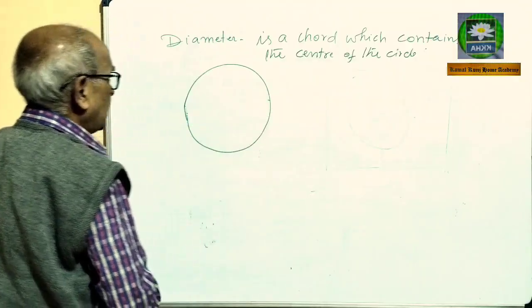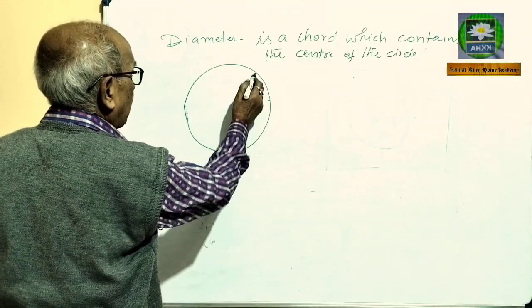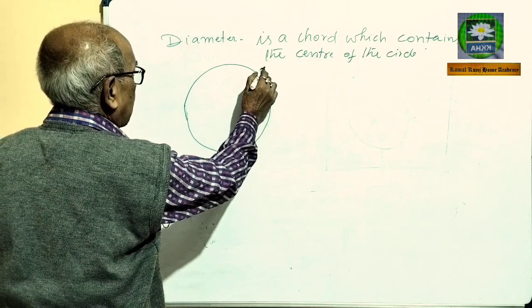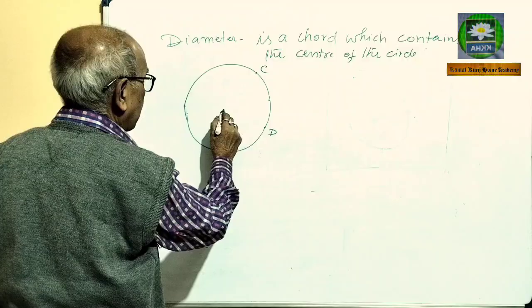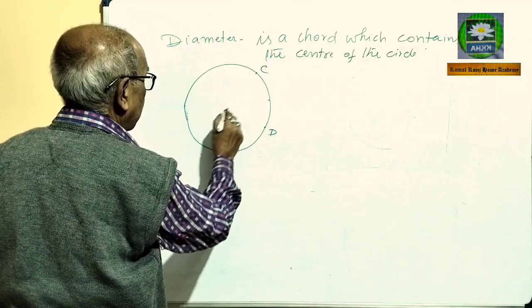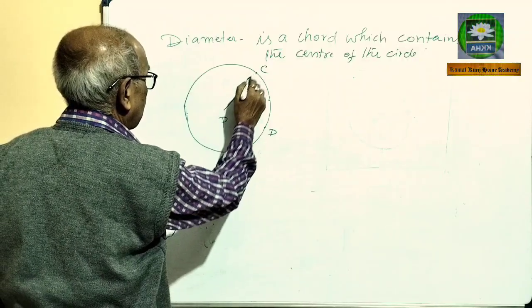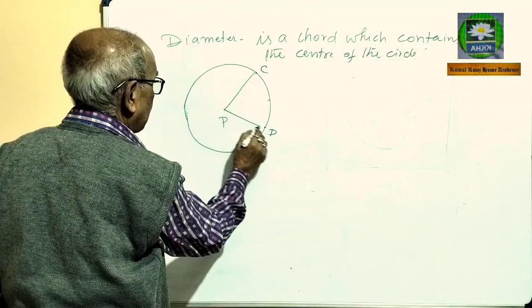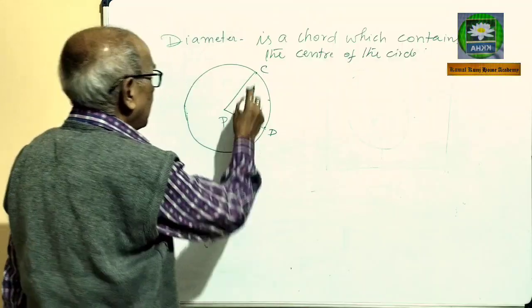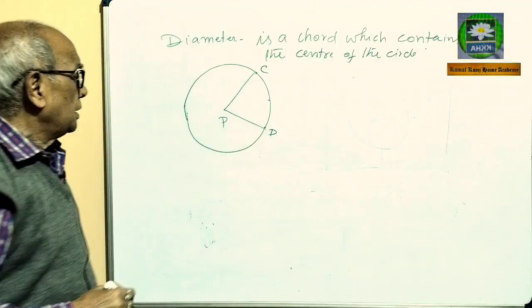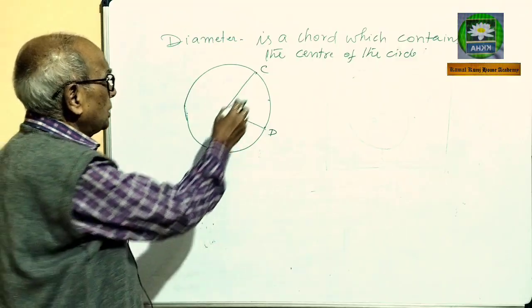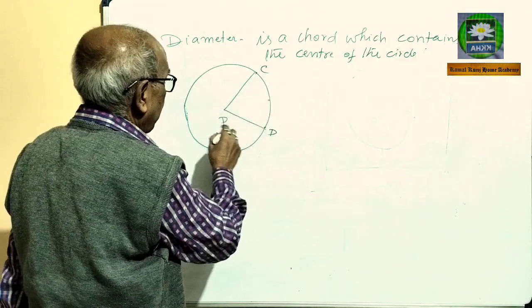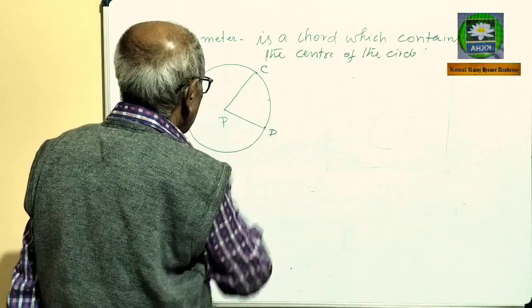Suppose there are two points on the circle, C and D, and the center P. The two points C and D are not on a diameter.